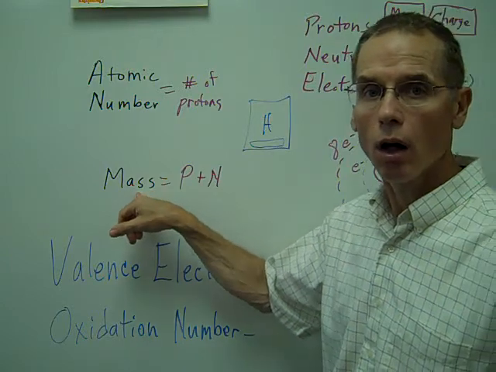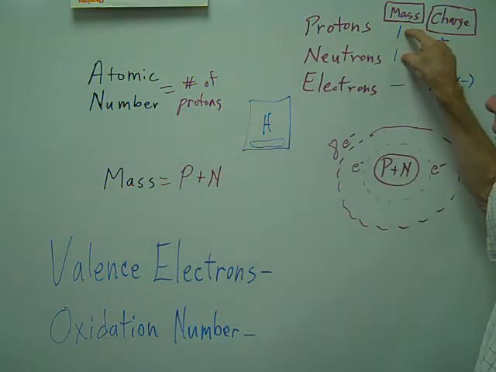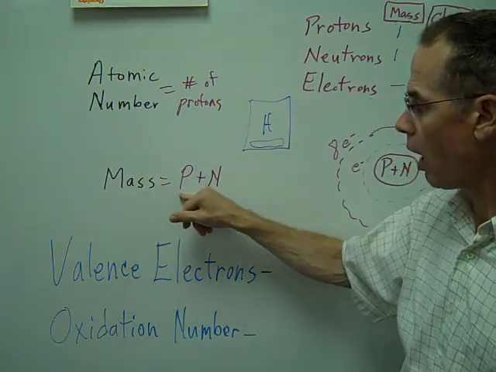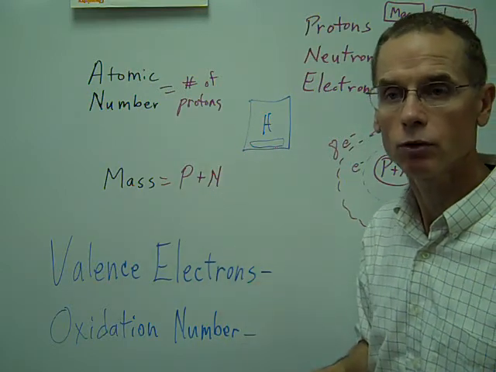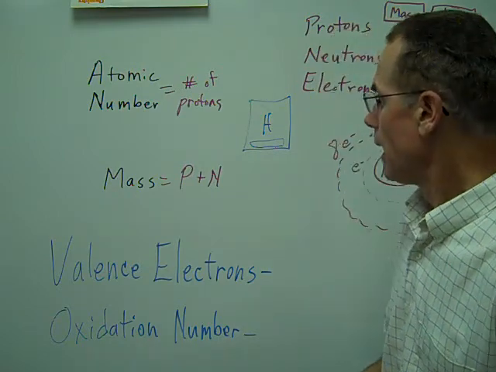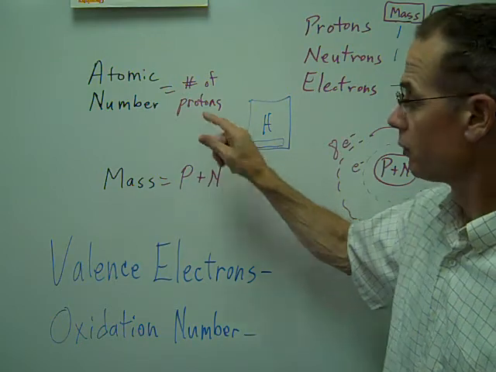And as you'll recall, both the protons and the neutrons have a mass of 1, so the mass of an element's atoms is always going to equal the protons plus the neutrons. Add those together and you will get the atomic mass. The atomic number is just the number of protons.